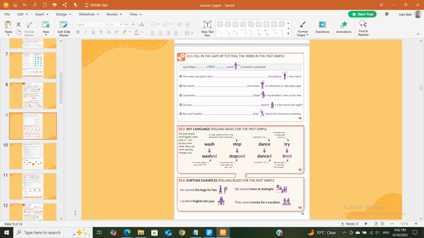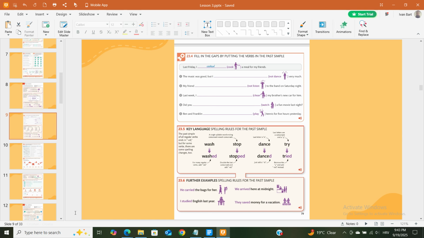Last week, I (clean) my brother's new car for him. (Watch) a fun movie last night. Ben and Franklin (play) tennis for 5 hours yesterday.